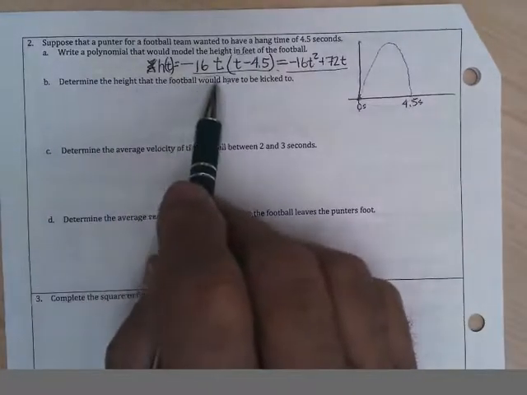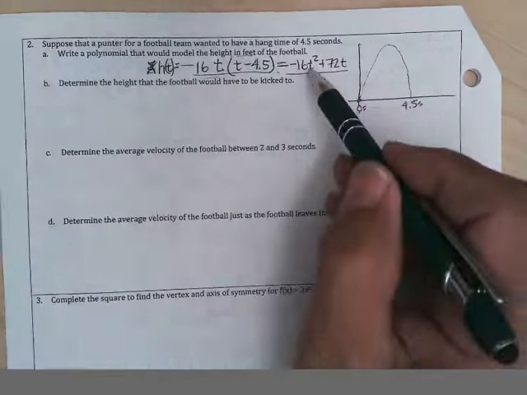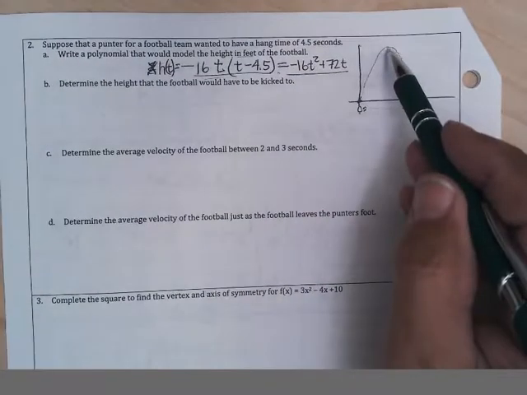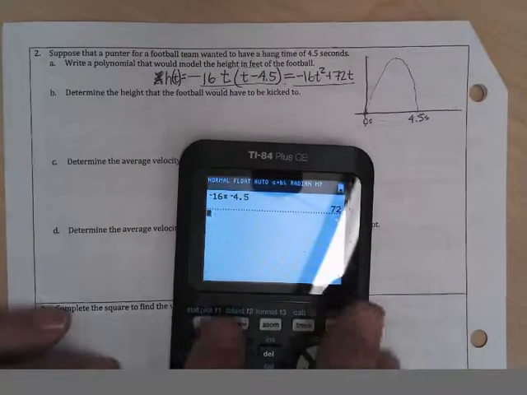Determine the height the football would have to be kicked to. So now we've got to find the highest place on that.